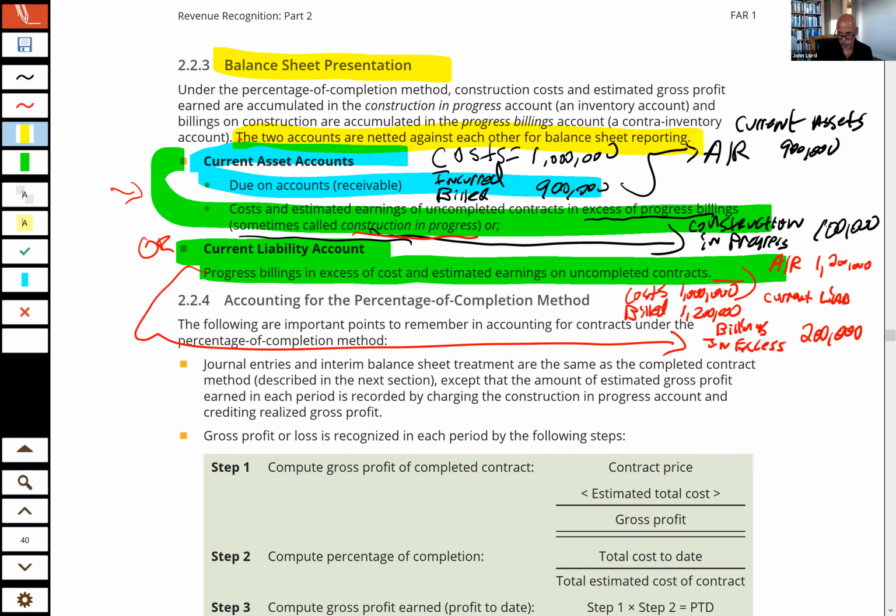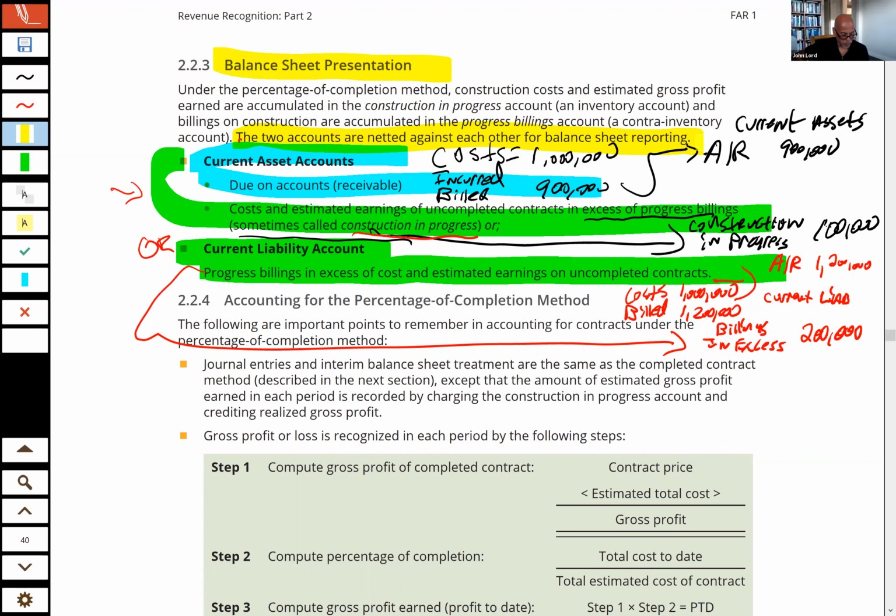Because it can't be both on any one contract. You can't have billings in excess and costs in excess. What I'm trying to say is that it's done per contract, because you'll have some contracts that have billings in excess of cost net, and some that have costs in excess of billings net. And so on the balance sheet, you'll see both.